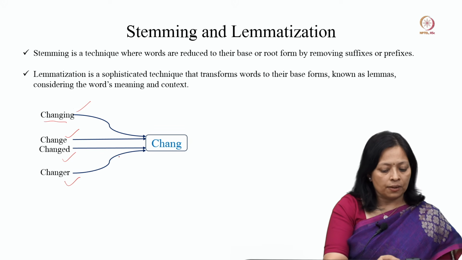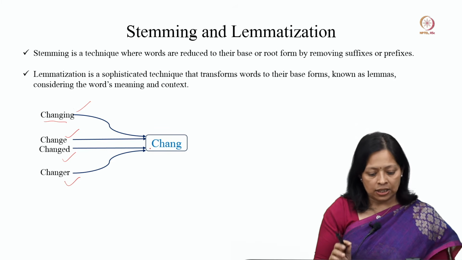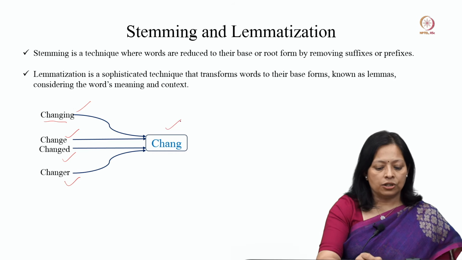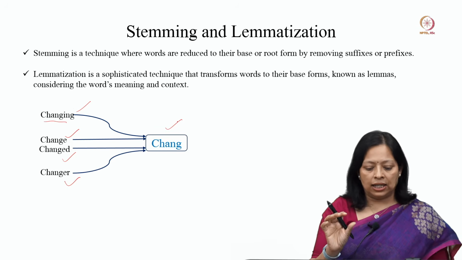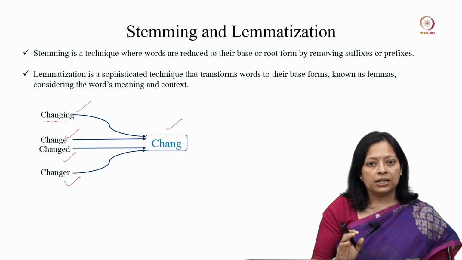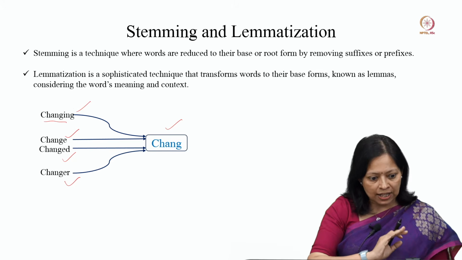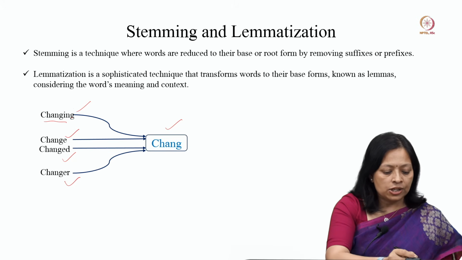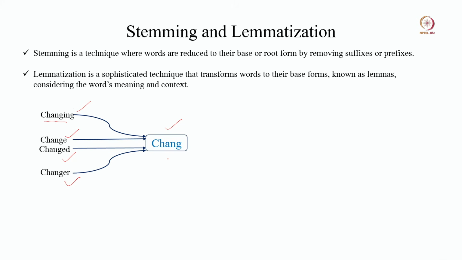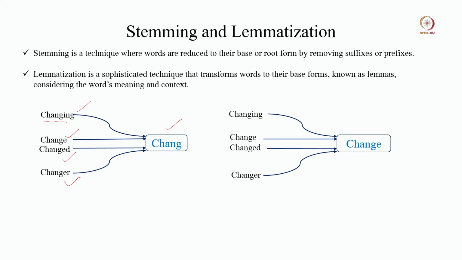Changed becomes once again chang, and changer also becomes chang. Now, there is no dictionary word which is chang. But stemming has transformed the words changing, change, changed, changer to the word chang. So this is stemming.